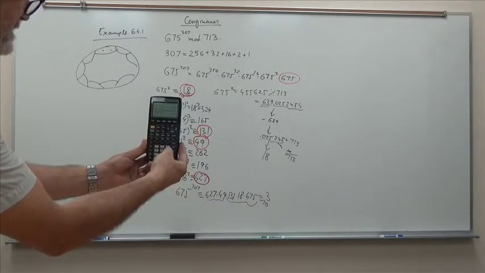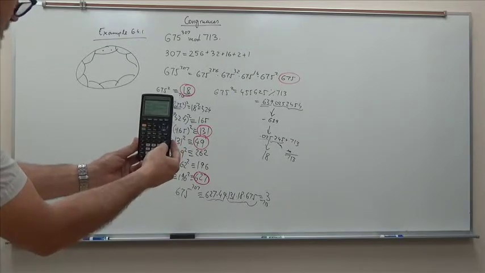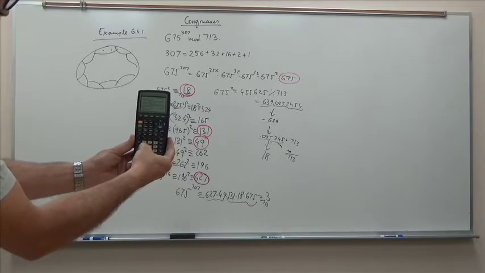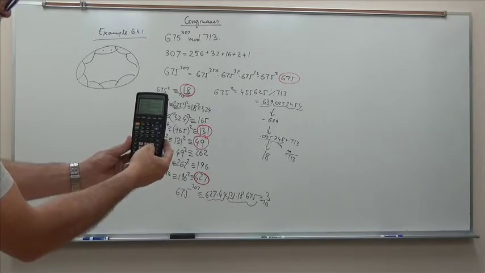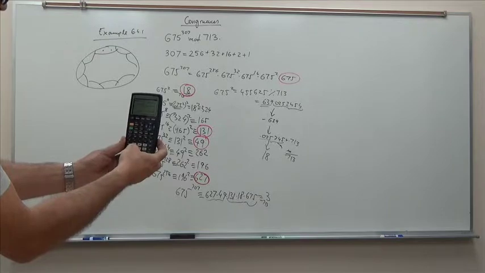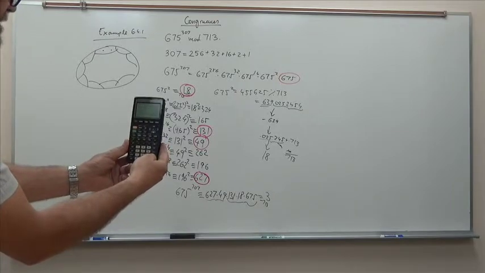So it's 627, usually in our classes we have a document camera, I would show this better, times 49 times 131 times 18 times 675, and I'll divide by 713. 627, 49, 131, 18, 675.